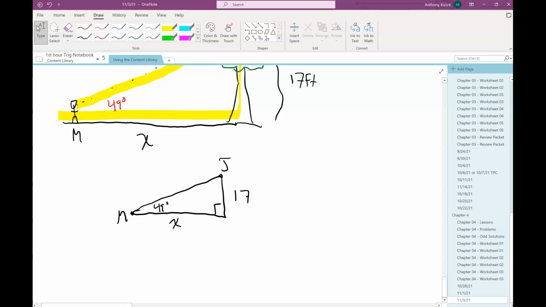Tyler. Doesn't the angle of the tree matter in this context? Because it just says that she's 17 feet up.